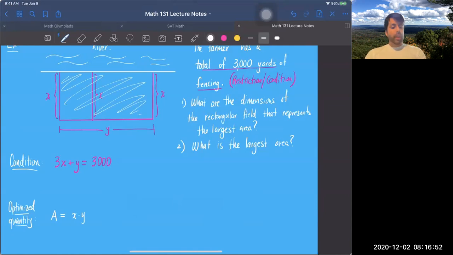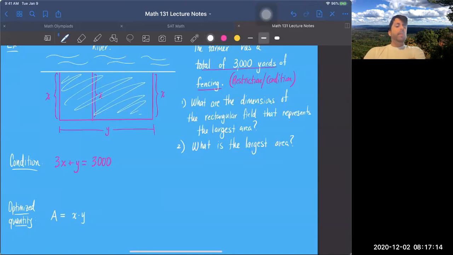Now, what's the issue here? Again, we have a quantity that is dependent upon two variables, x and y. We only want one. So then what do we have to do? Go back to our condition and solve one variable in terms of the other. So we'll look at our condition, 3x plus y equals 3,000.